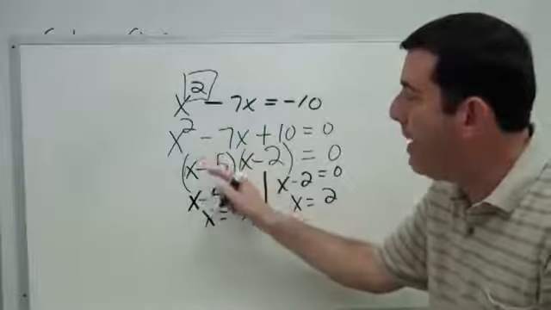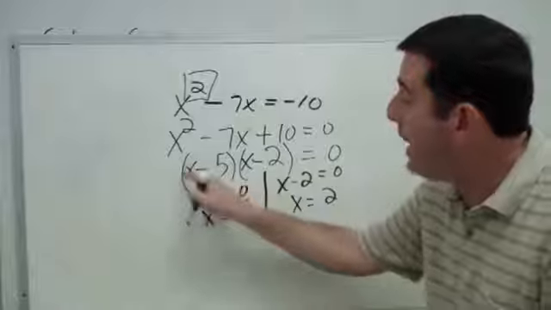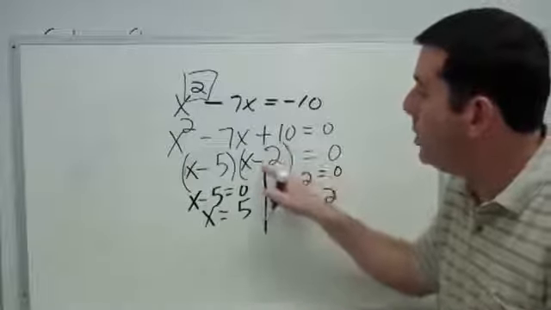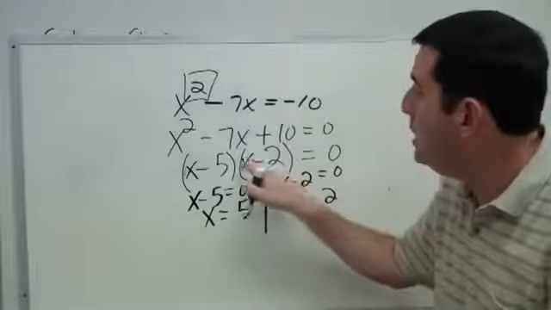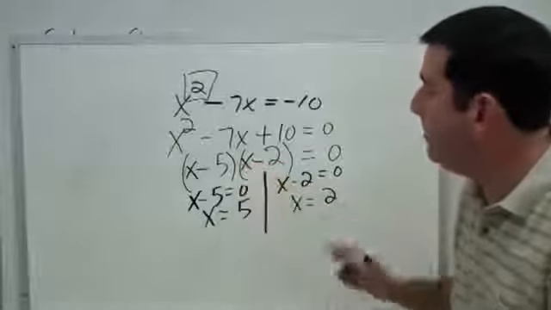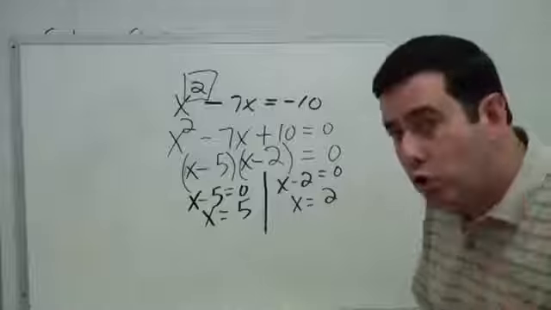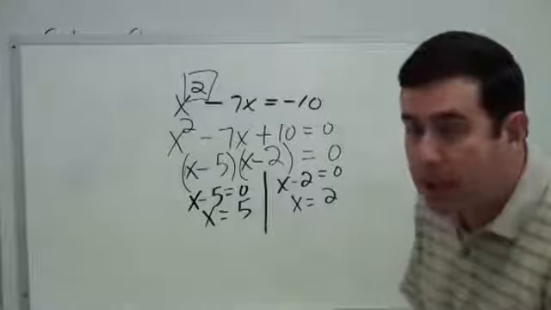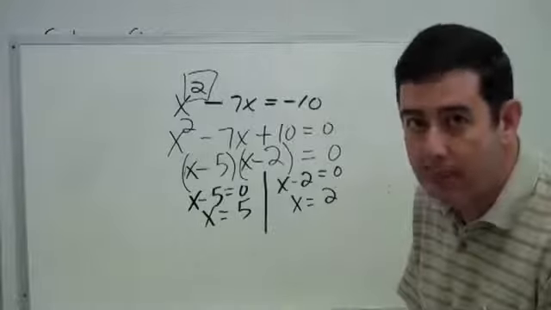Opposite of negative 5 is positive 5. Divided by 1 gives me 5. Opposite of negative 2 is positive 2. Divided by 1 gives me 2.